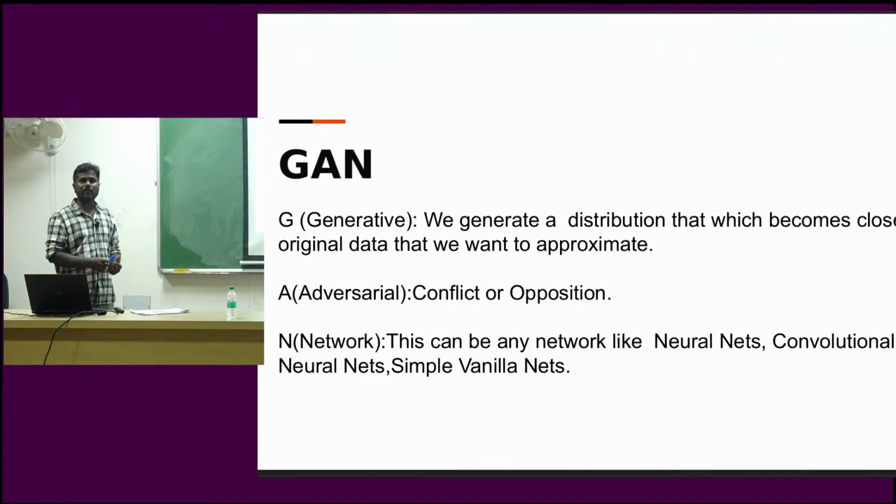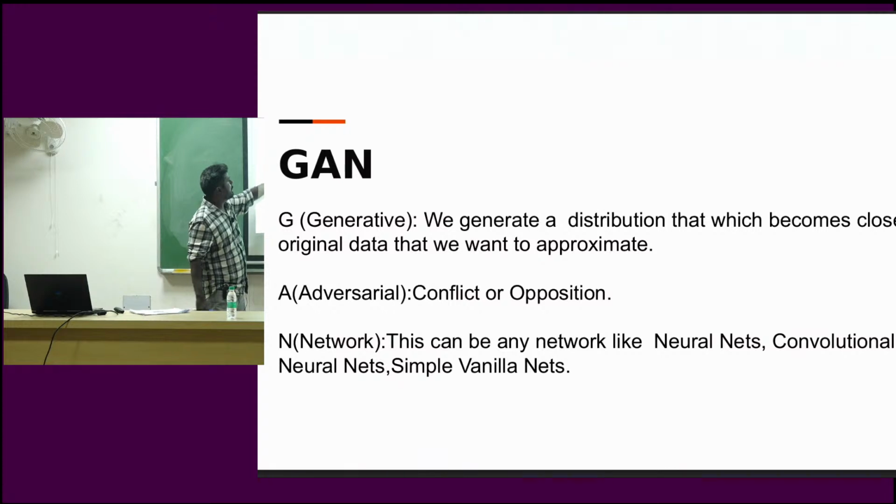So what is a GAN? What does it consist of? This is the definition of the GAN. You see that there are three terms in GAN, and these are the descriptions of each term.